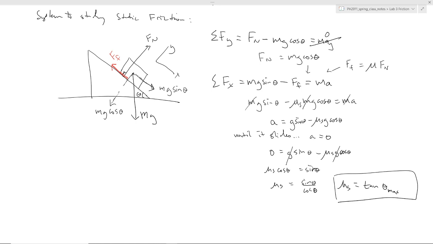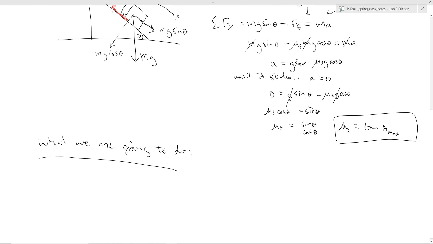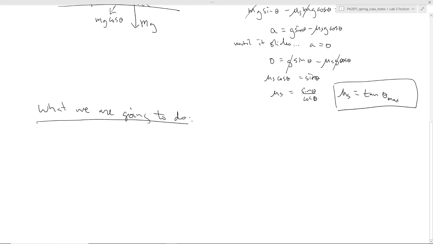So this is basically the main physics theory idea that underlies the lab. So that's the system that we're looking at, this inclined plane. And what we're going to do then is we're going to use FiveFox. If you don't already have it, get it at fivefox.org.